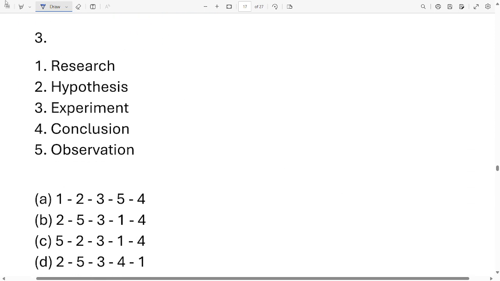Next question. Research, hypothesis, experiment, conclusion, observation. Now arrange it.